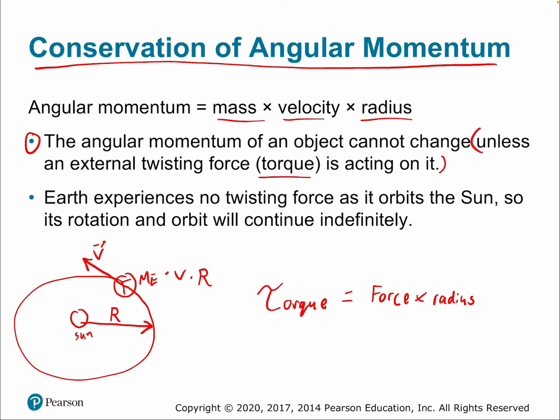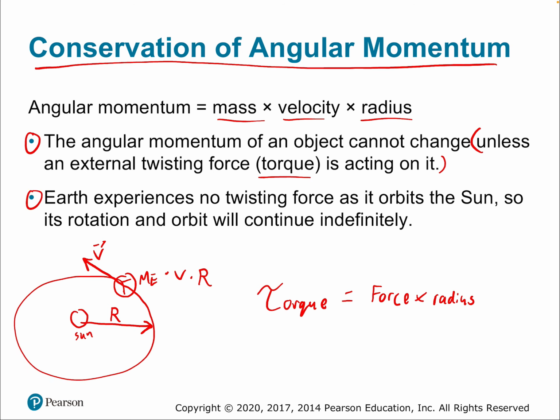We would have to have some sort of rogue planet or giant comet from another solar system enter and subject our planet, or whatever part of our solar system, to a large external force that wasn't there before. All the forces that exist in the solar system remain the same over millions of years. So Earth experiences no twisting force as it orbits the sun, and its rotation and orbit will continue indefinitely. There are no new external forces on the Earth.